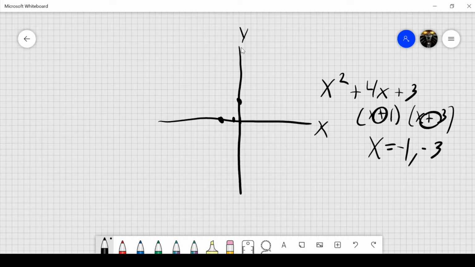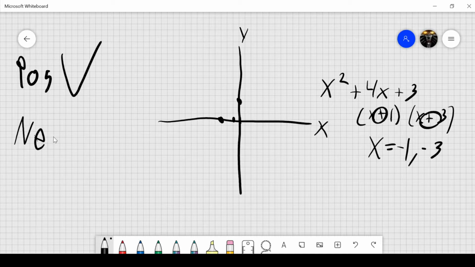When we add that negative symbol to the leading coefficient, or a, that will give us a negative parabola. A positive parabola shape looks like this. A negative parabola shape will look like this. So positive parabola, lowest point; negative parabola, highest point.